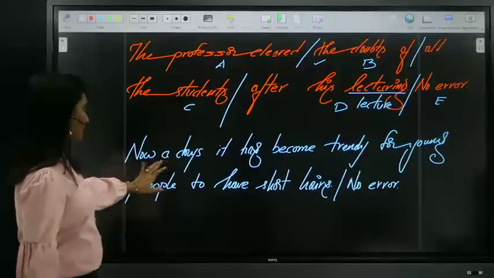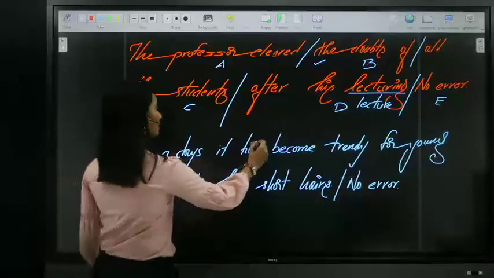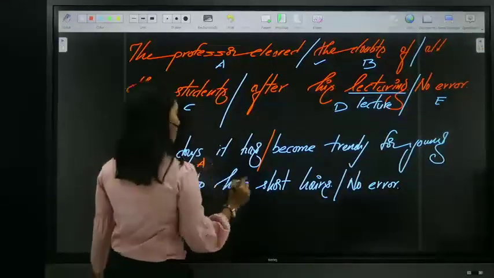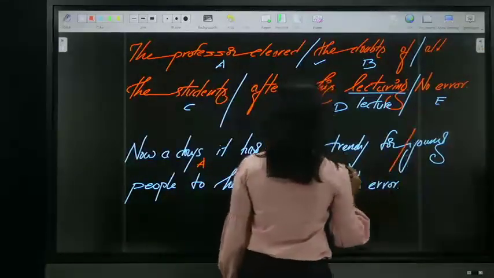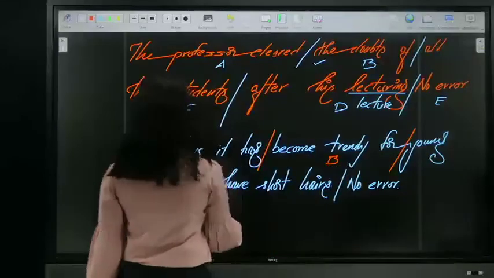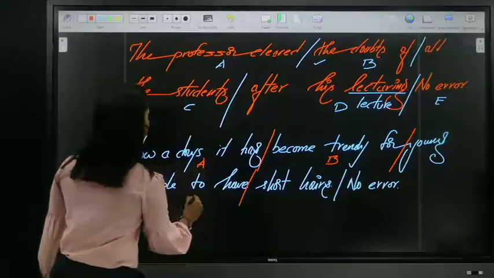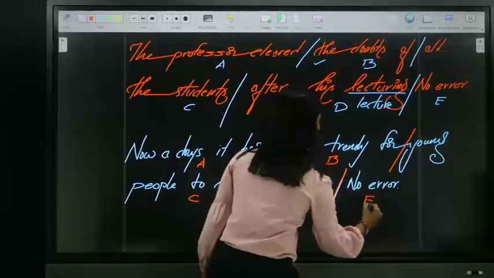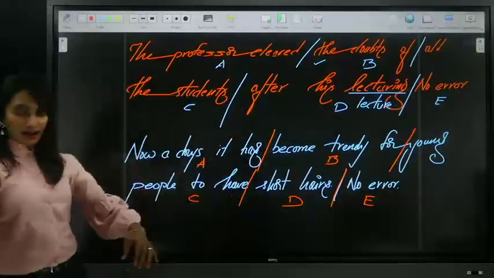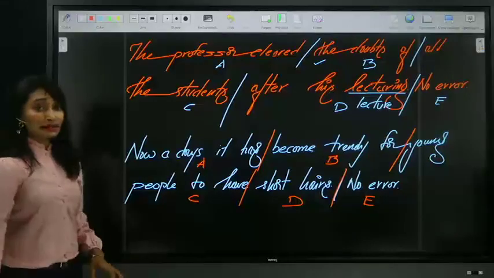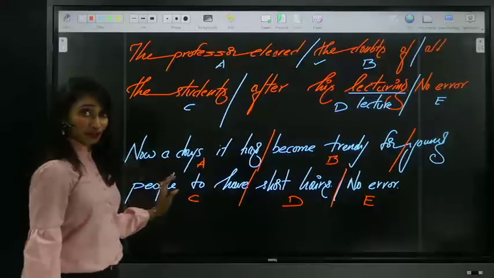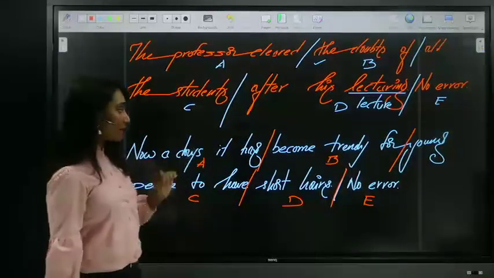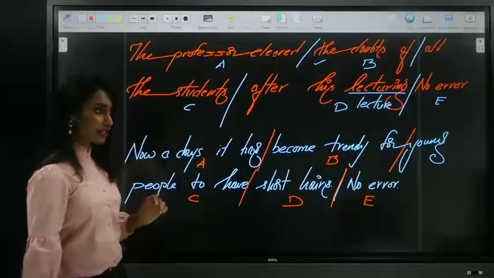Now look at this sentence. Nowadays, it has become trendy for young people to have short hairs and no error. So identify the error in this sentence, and this would be our last sentence for today. Identify the error with correction.